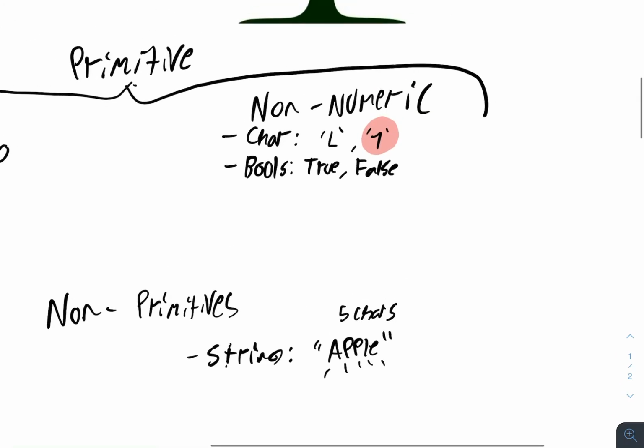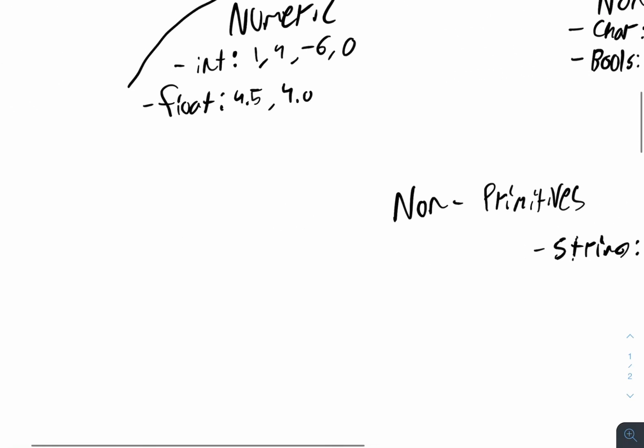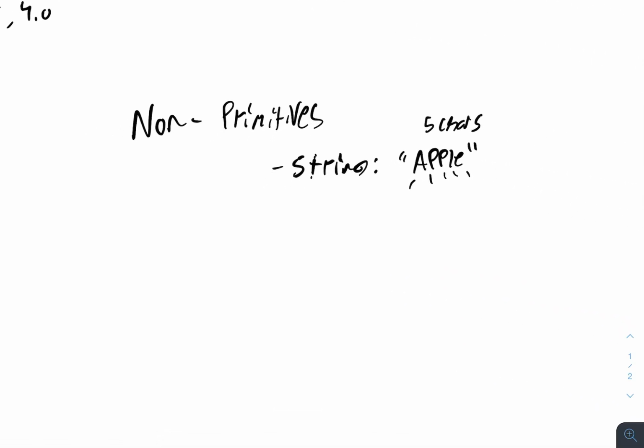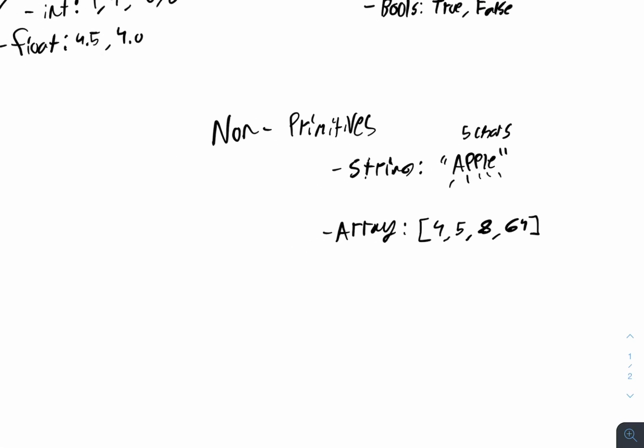I couldn't do that with just a single letter. Or we have a not necessarily numeric data type. We have an array, which can be numeric, but not necessarily, and it can store numbers in order. And so this array can be broken down into the numbers that make it up.